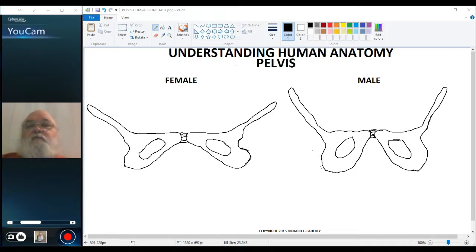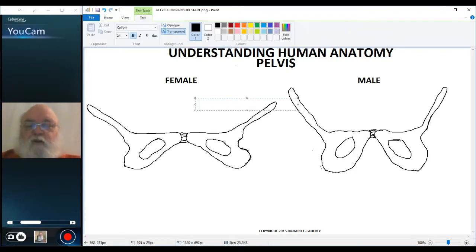Now, one of the first things that you'll notice in the female pelvis are the iliac wings. The iliac wings are flatter, or more horizontal. And in the male pelvis, the iliac wings are vertical.